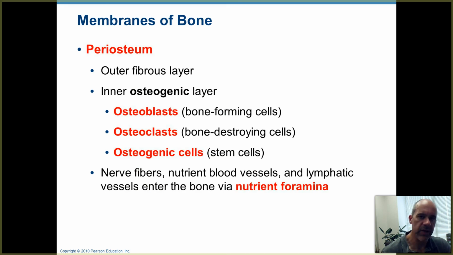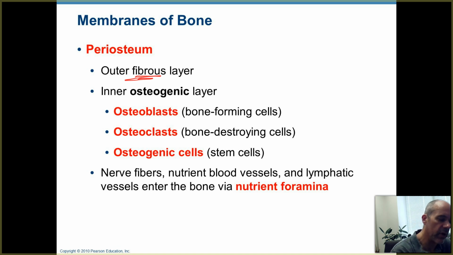Alright, some additional information there about your periosteum, that dense, fibery, connective tissue covering. This is a location where you have important cells that we'll be talking more about shortly that play huge functions in the physiology of the skeletal system.